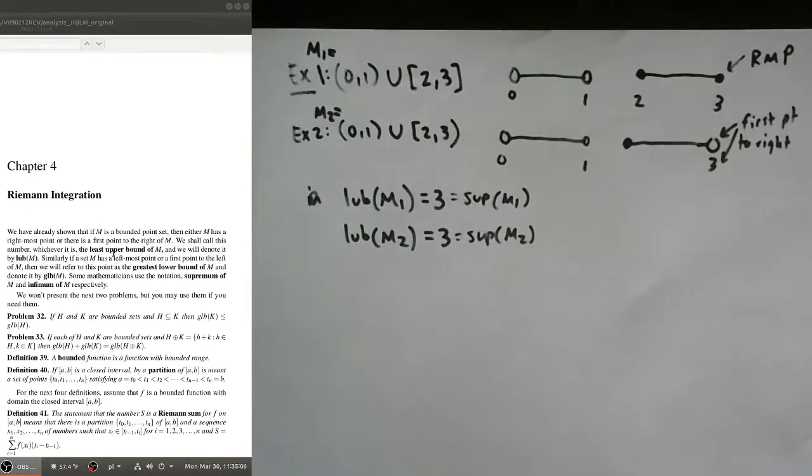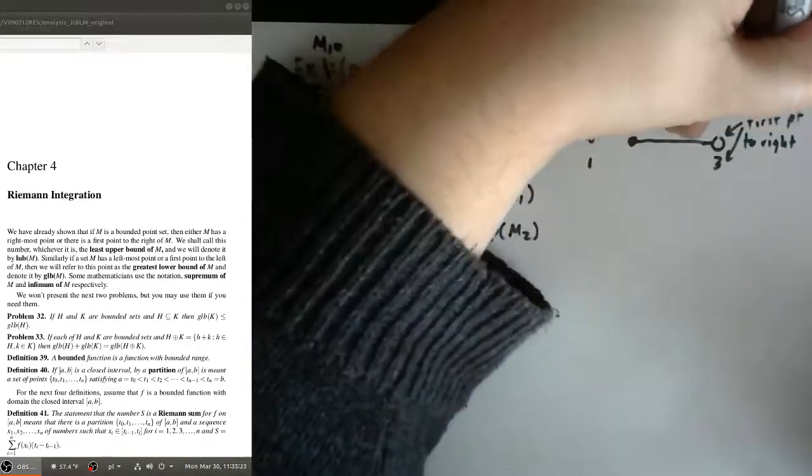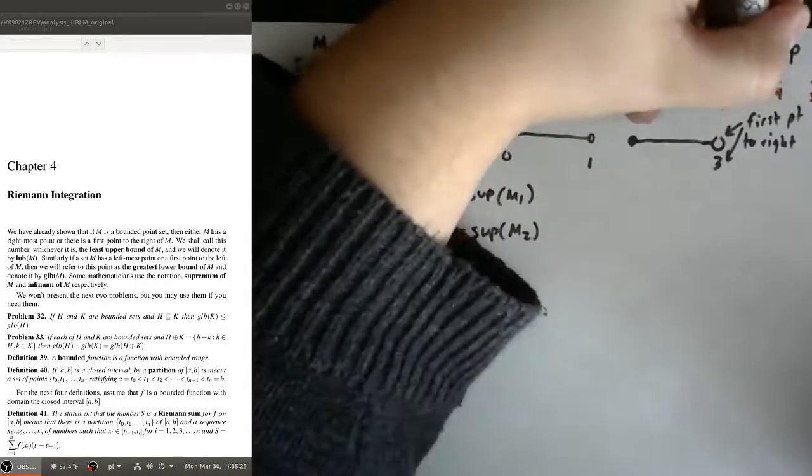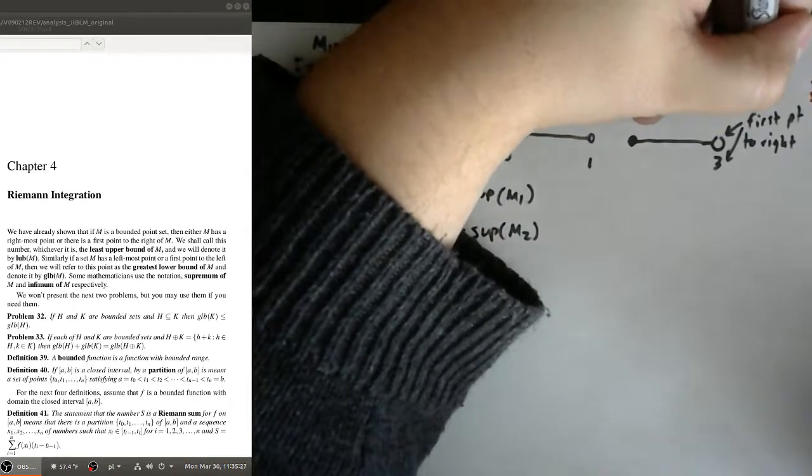Now, the next definition is the greatest lower bound, I should say. And if you think about least upper bound, by the way, you're essentially looking at all the upper bounds of the set. 4 is an upper bound, 5 is an upper bound, 3.5 is an upper bound, and so on.